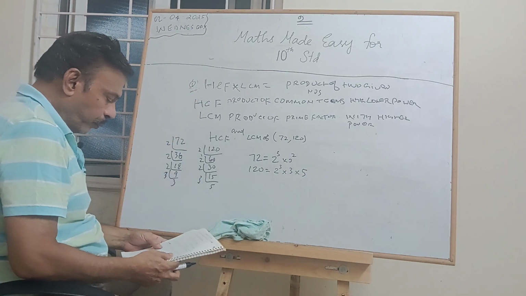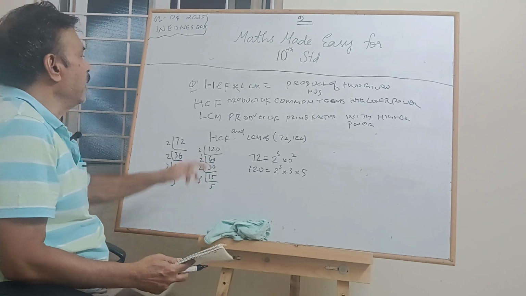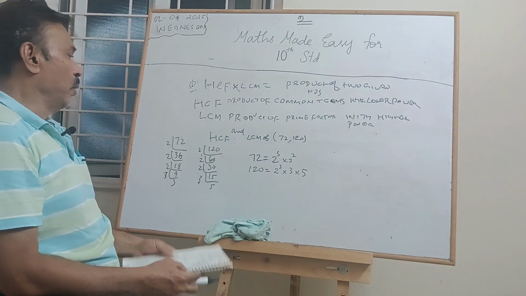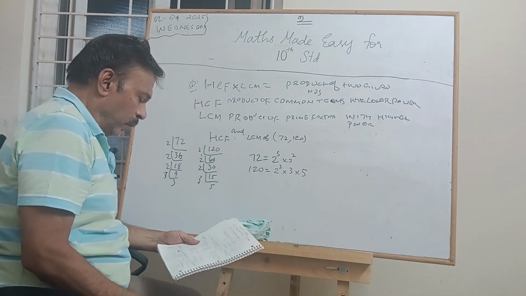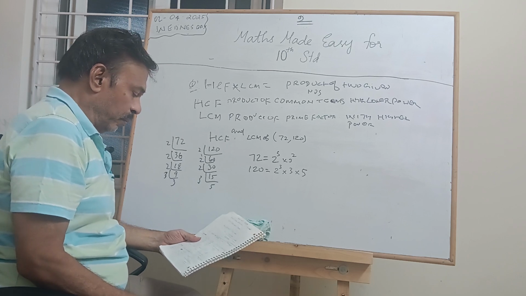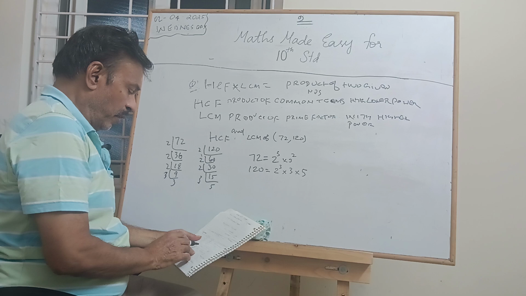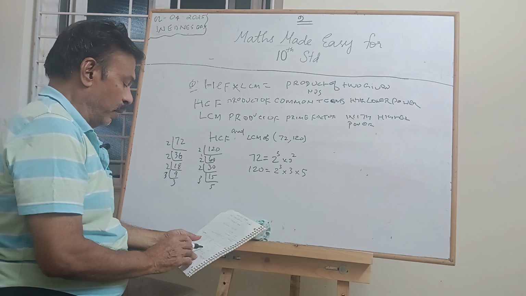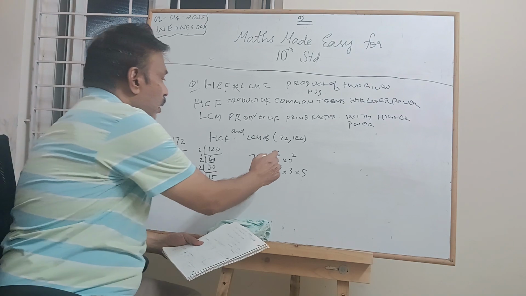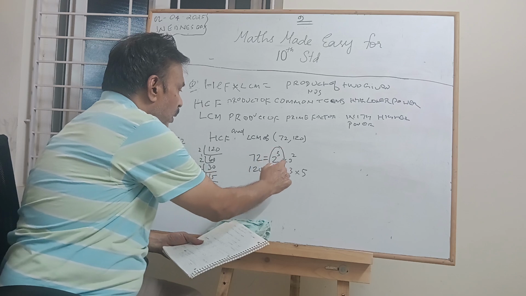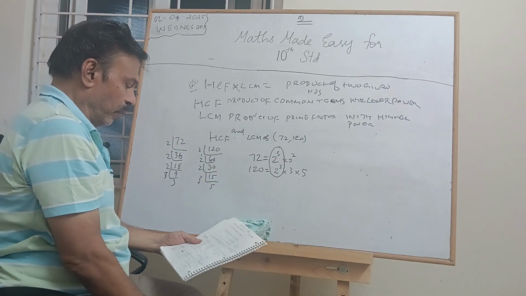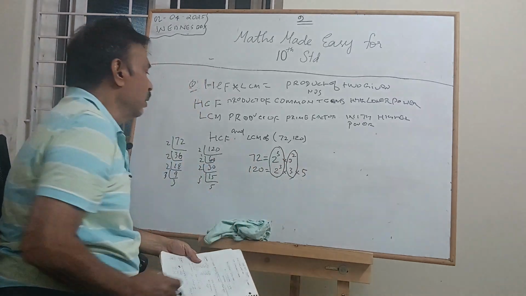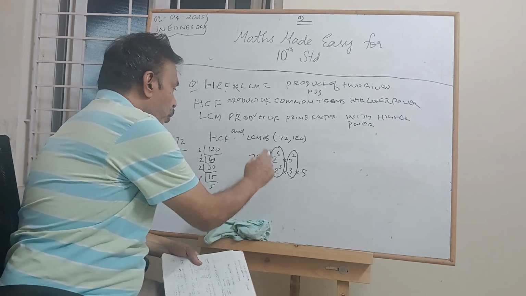You got it now. Now, what HCF says is the common terms with lower power. So what is the common factor? HCF is the common factor with lowest power. Here 2 to the power 3 is common, and here also 2 to the power 3.